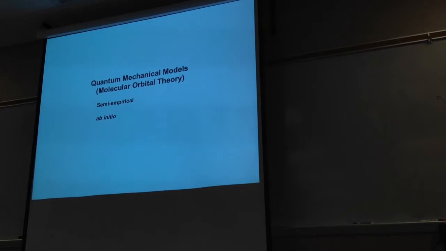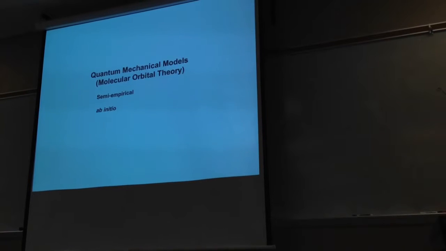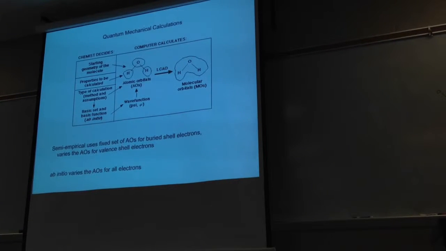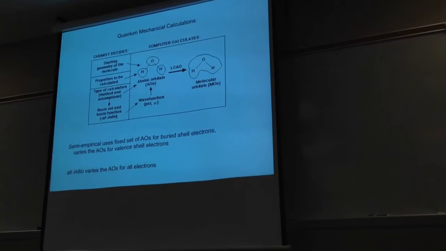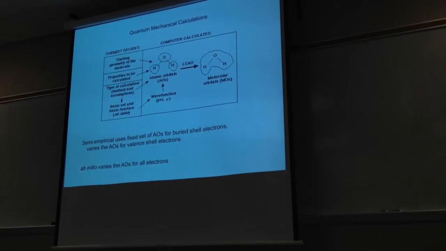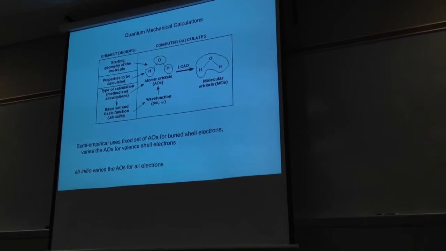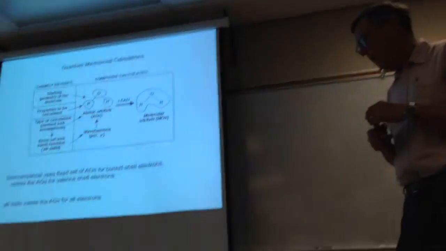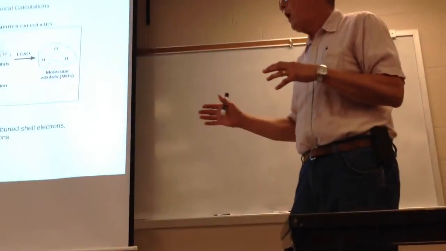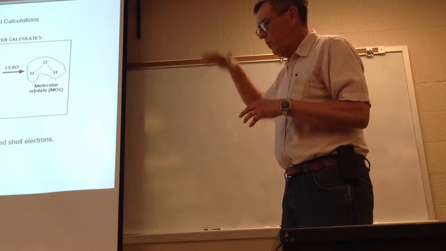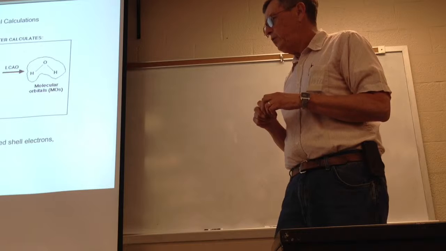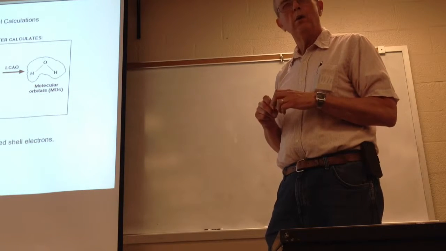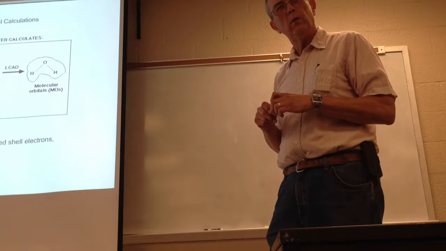Quantum mechanics, two different levels, semi-empirical, ab initio. This requires a different type of approach for us to sort of grasp what's going on here. This, beyond quantum mechanical, which says they're discrete levels, is what's referred to as molecular orbital theory.